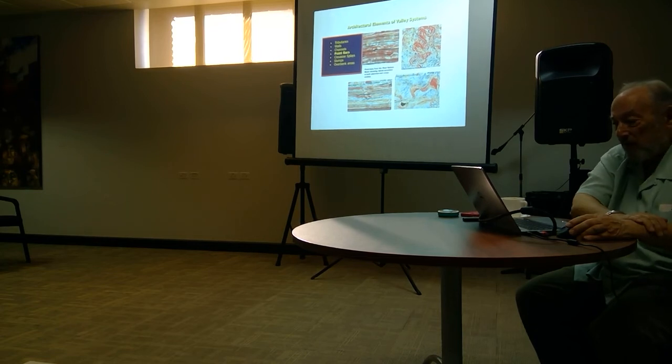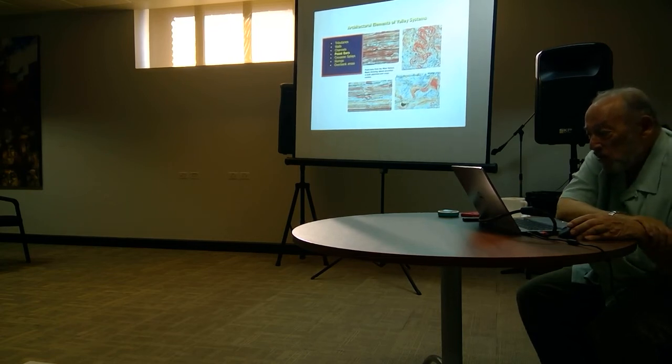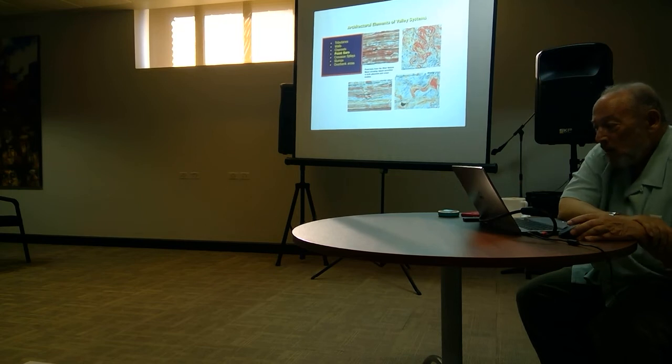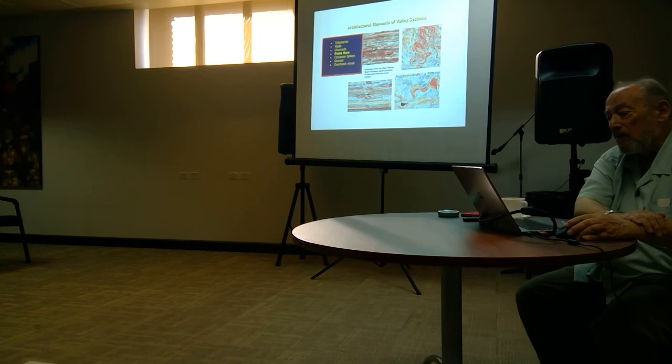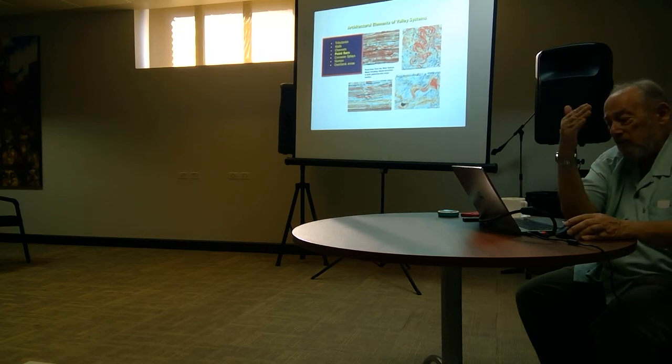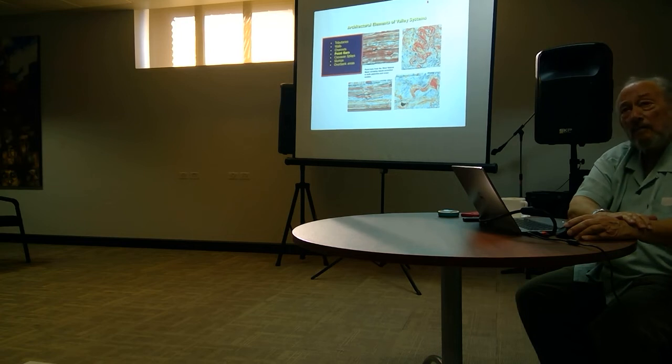You've been through this quite a bit. Now there is one thing I can add from this. One thing I didn't talk about was the cross-sectional shape of meandering river deposits. It turns out that if you look at the cross-section of most meandering rivers, it'll be asymmetric.